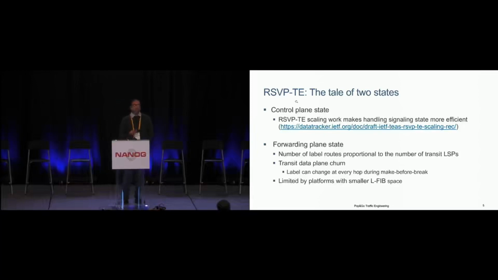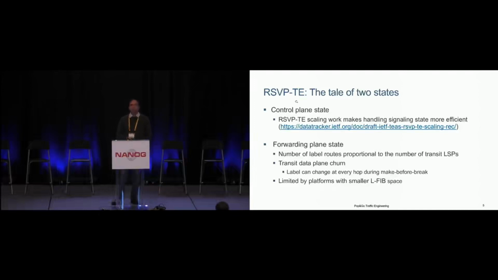directly proportional relationship. And then there is transit data plane churn. When customers run auto bandwidth, LSPs continue to keep doing make-before-break all the time. They keep moving, creating new label states, and then the old LSPs need to get deleted. So routers are constantly trying to allocate labels, program the FIB, send path messages up, and then delete the old state.